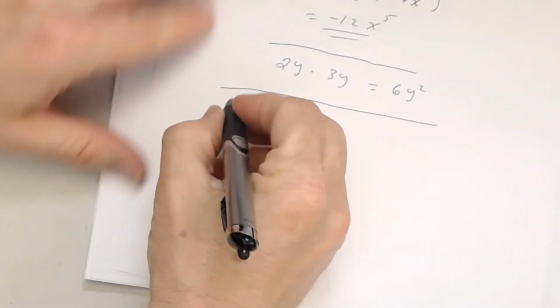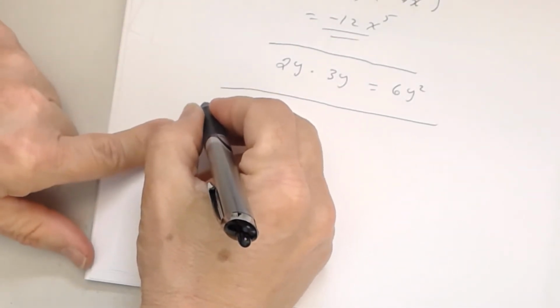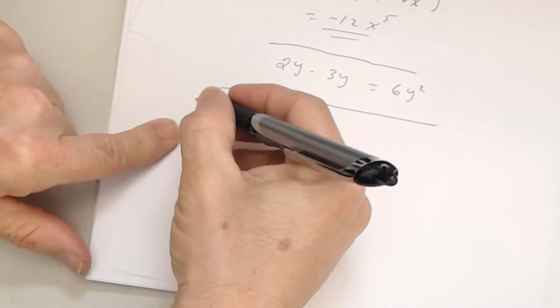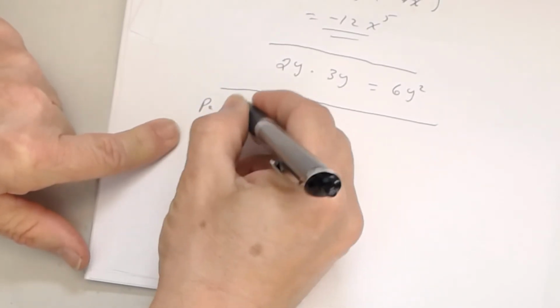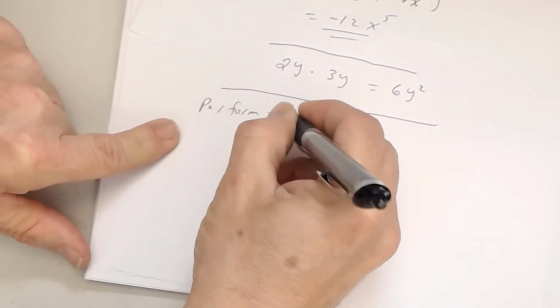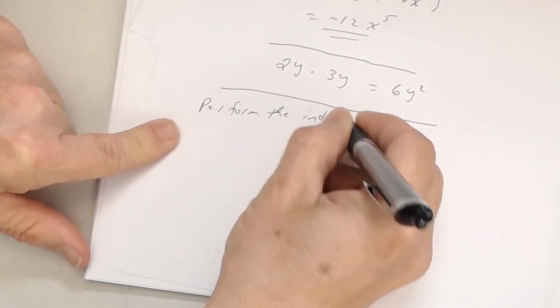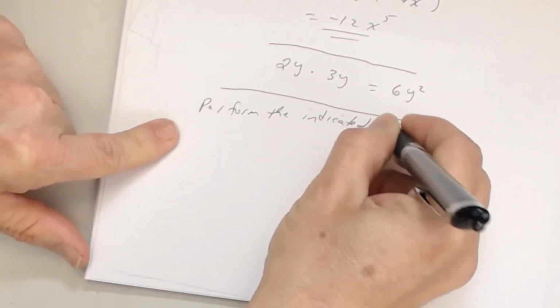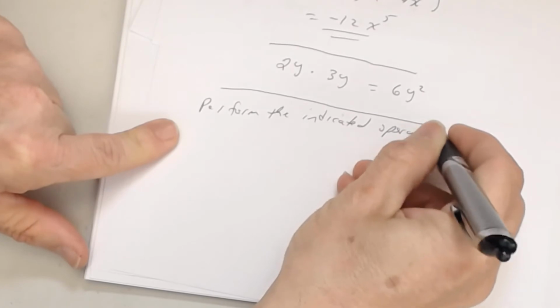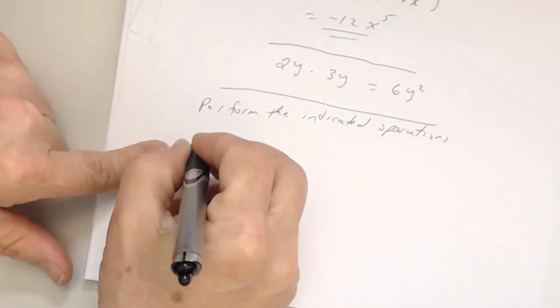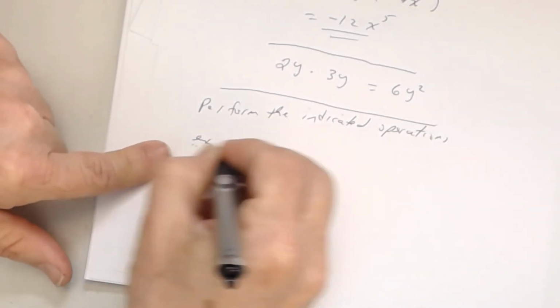So if I have this, and the direction is going to say something like perform the indicated operations. All right. So let's do this example.